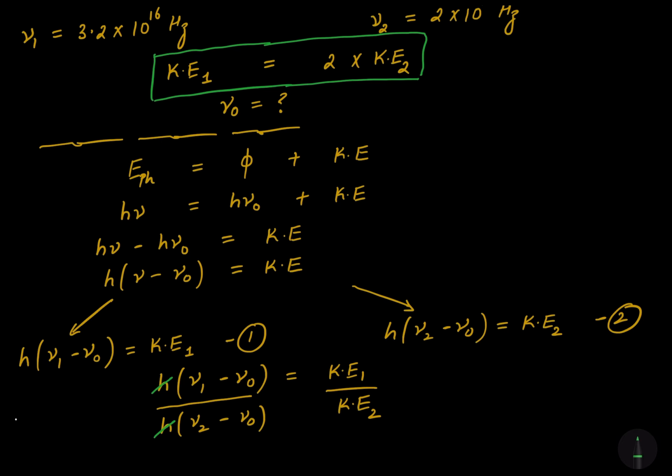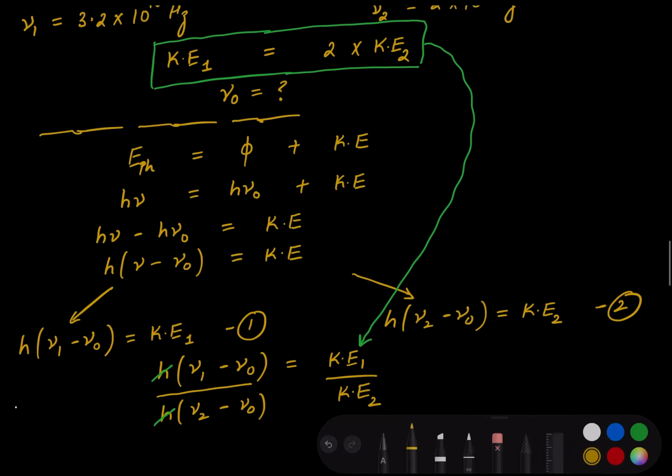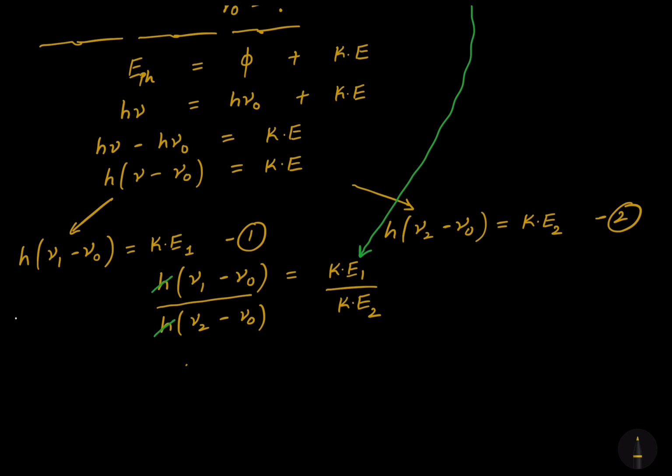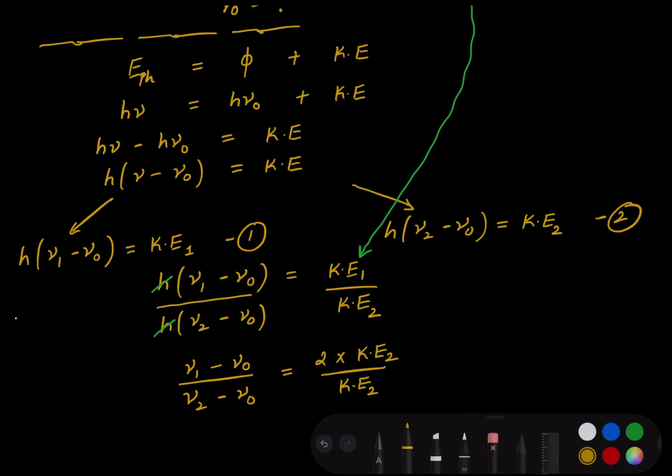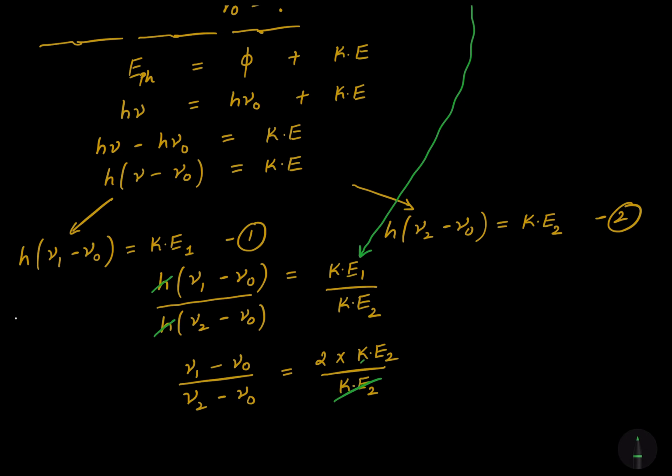Let's substitute this value over here. It will be nu 1 minus nu naught divided by nu 2 minus nu naught equal to 2 into kinetic energy 2 divided by kinetic energy 2. Here this will be cancelled.